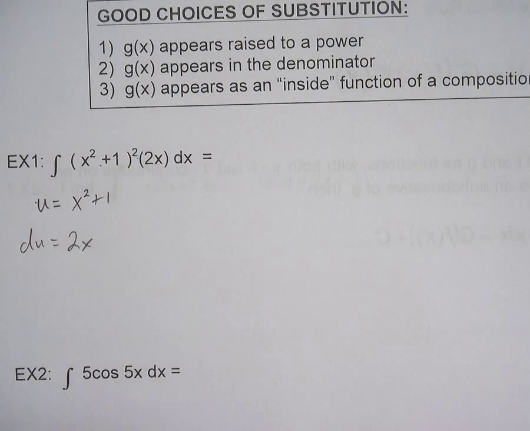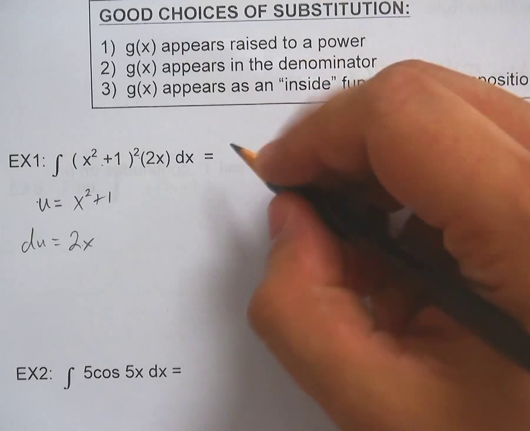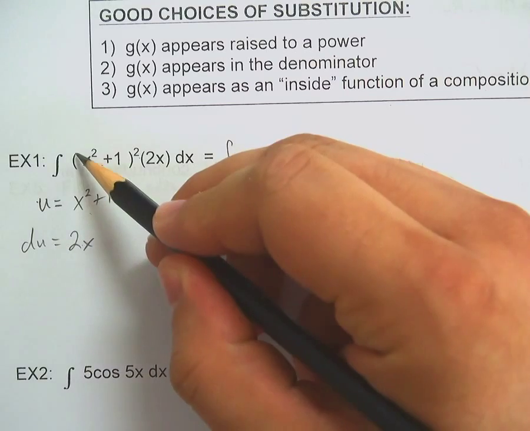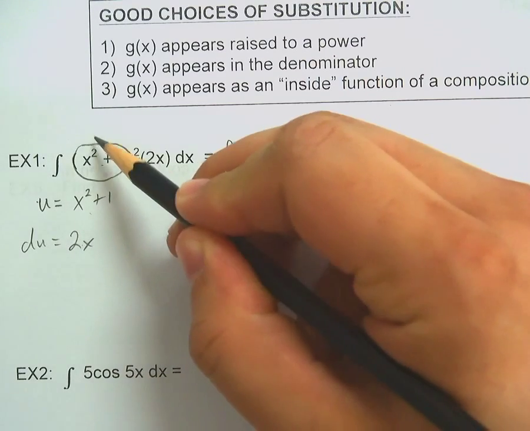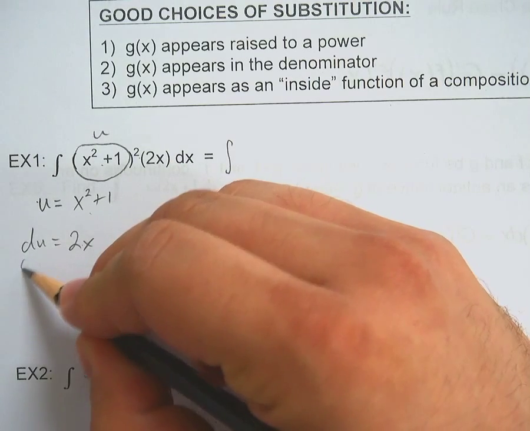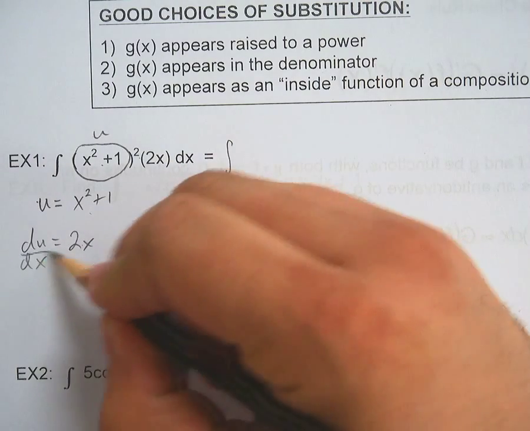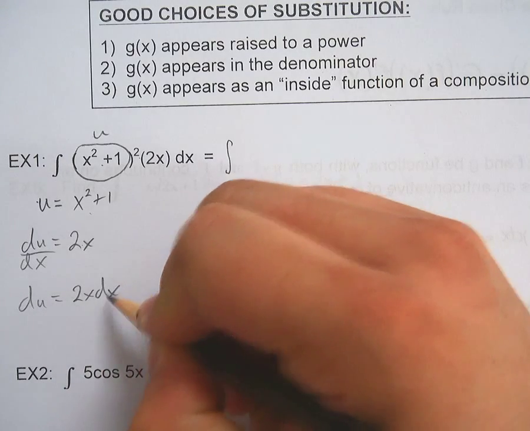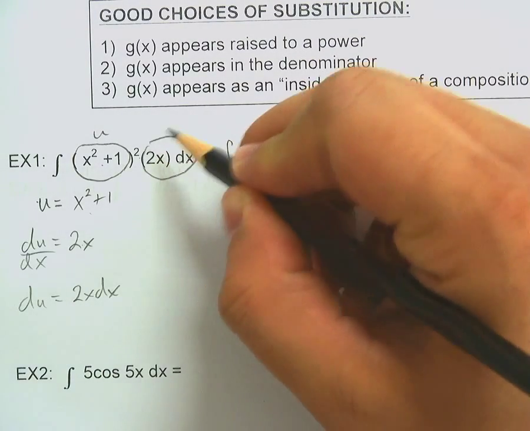All right. So from here, I'm going to rewrite this as the integral, and u is this, so this is all u, so it's u squared, and 2x dx, right? So du is 2x dx, so this is du.